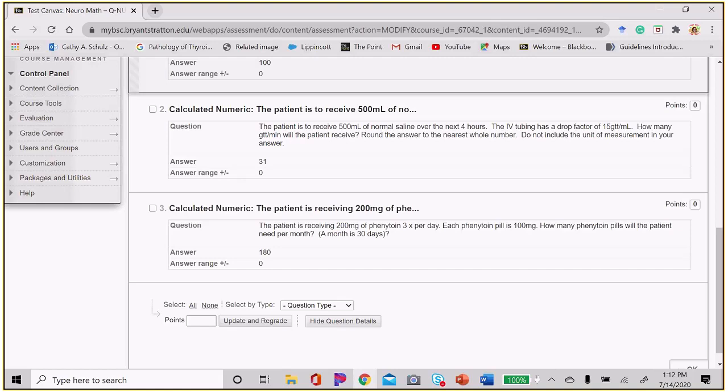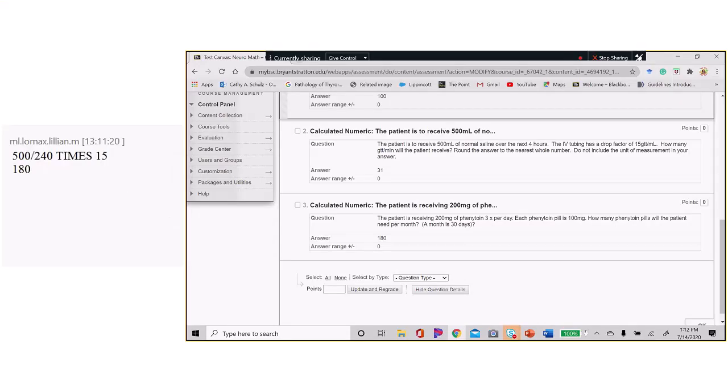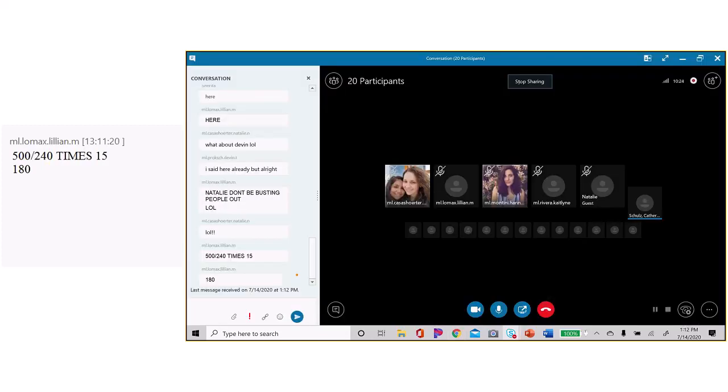So there's 3 doses of 200 milligrams, and the pills are only 100 milligrams each, so we need 6 per day, and then 6 times 30 is 180.